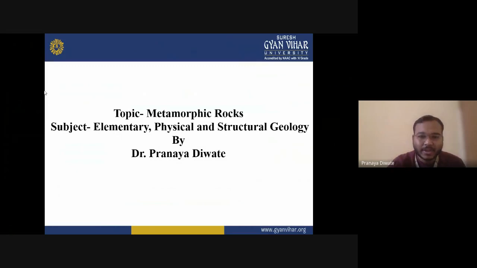Today we are going to discuss the topic of metamorphic rock. This is a part of your subject, elementary physical and structural geology. You might not find this one in the content, but what is the objective behind taking metamorphic rocks?